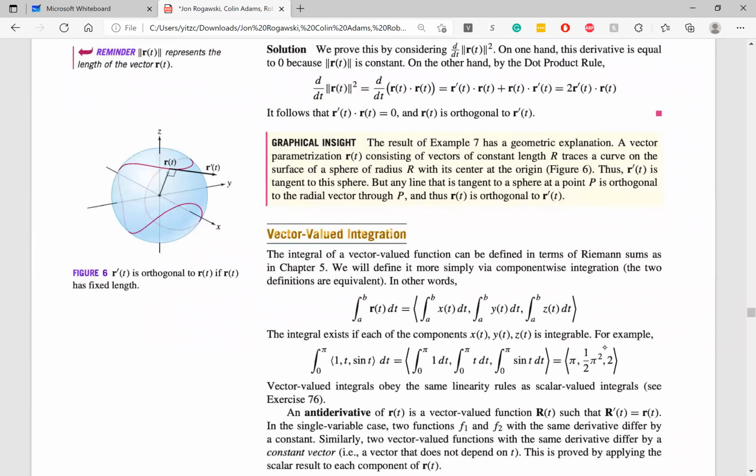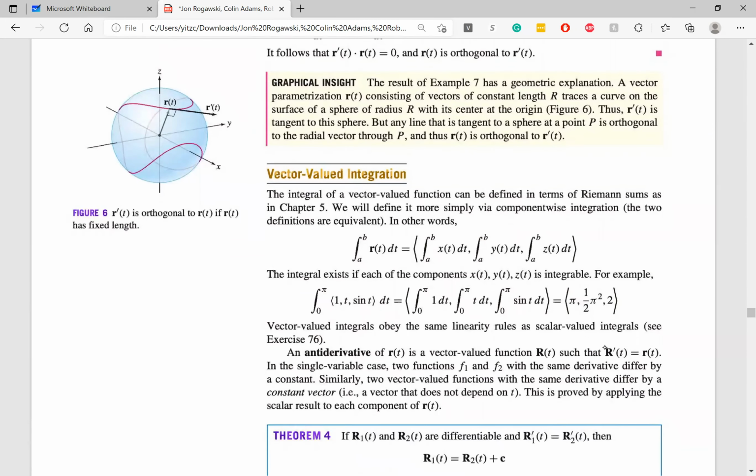And let's continue with integration. So the same way we can take the derivative of each component of our curve, we can take the integral of each component of our curve, or we can take the integral of our curve.